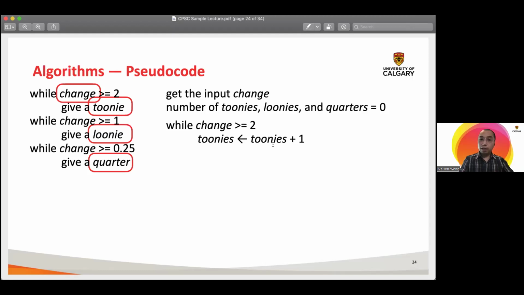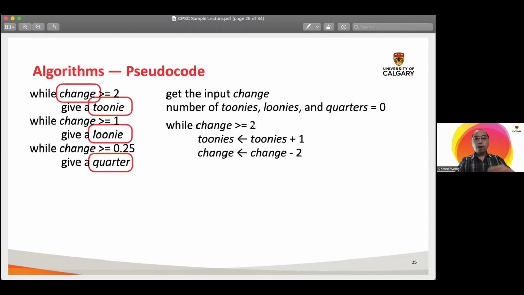And this is how we keep track of the number of toonies we give back. We increment the number of toonies by 1. And we give 1 back, but we also need to decrement change because we give a toonie back, so change needs to decrement by 2. All right. So we need to decrease the change by 2.